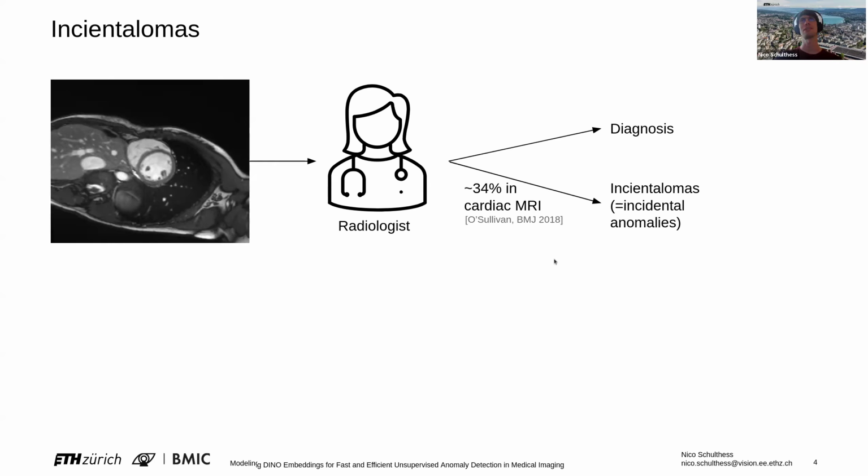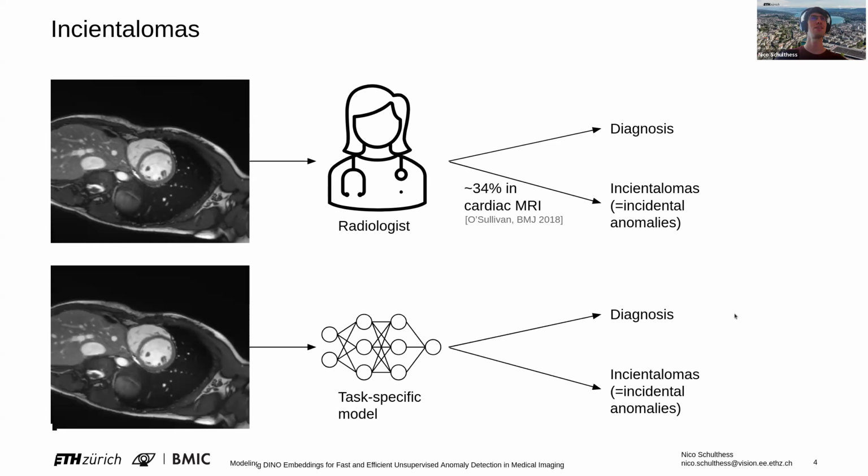For example, in cardiac MRI, such an incidentaloma occurs in roughly every third scan, and sometimes needs to be checked as well. And so when we try to assist radiologists with task-specific models, ideally they would help in both the diagnosis part and also finding incidentalomas.